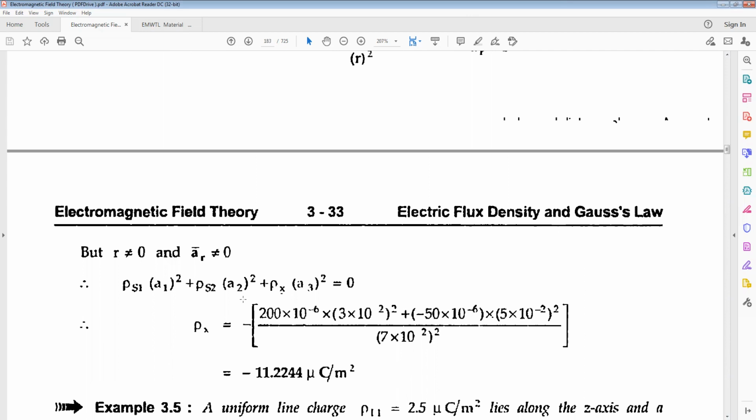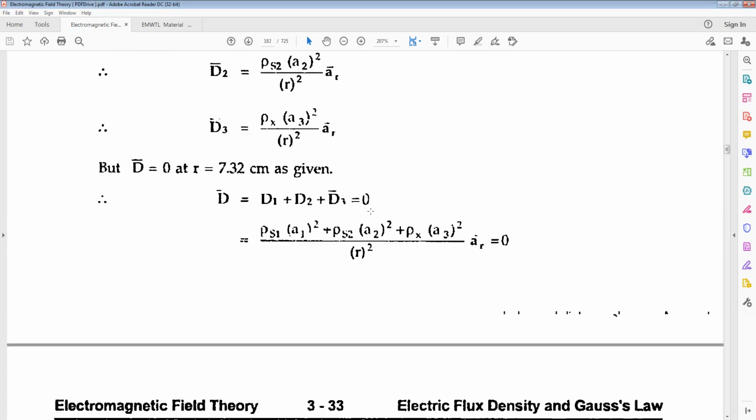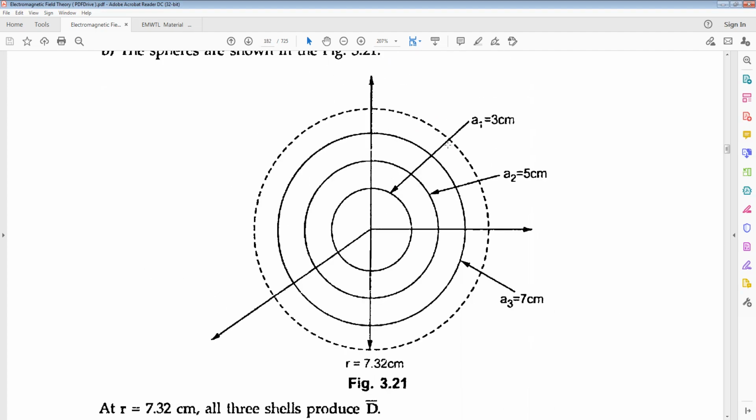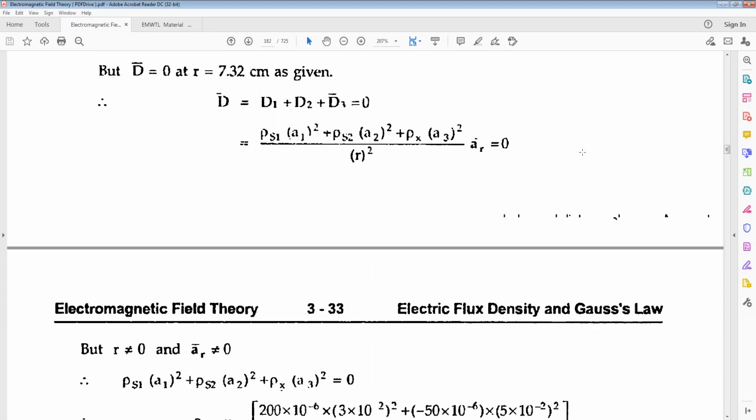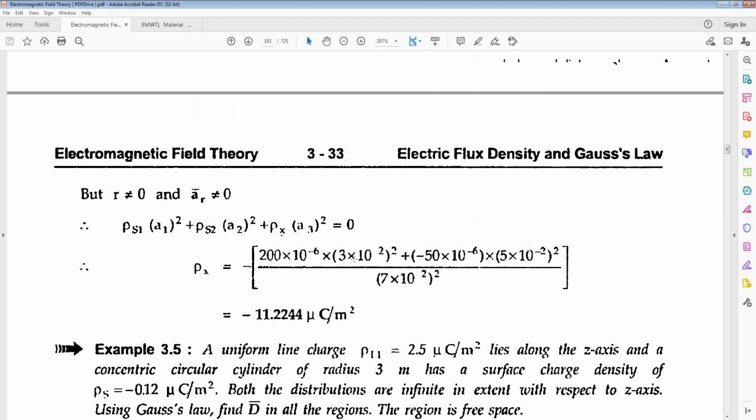My A2 value here, the minus 200 into minus 50 to the power of minus 1, and A3 value is given. A3 is 7, A2 is 5, and A1 is 3 centimeters. So 3 into 10 to the power of minus 2 whole square, and similarly all the values you can substitute. You'll get the rho x is equal to. Got it, my dear students?